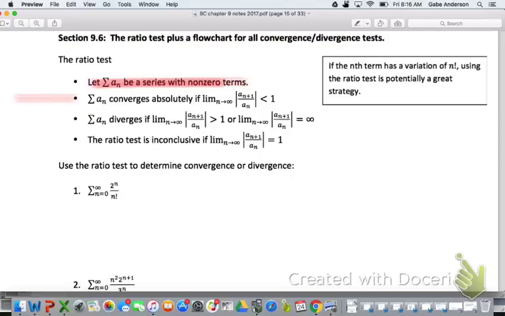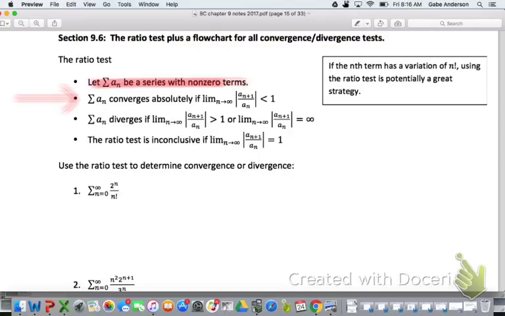So the series converges absolutely if that limit, and we'll talk about what that limit is here in a second, is less than 1. Diverges if that limit is bigger than 1. Obviously infinity being bigger than 1 fits that category, but I want to make sure we all understand that that's part of the game here.